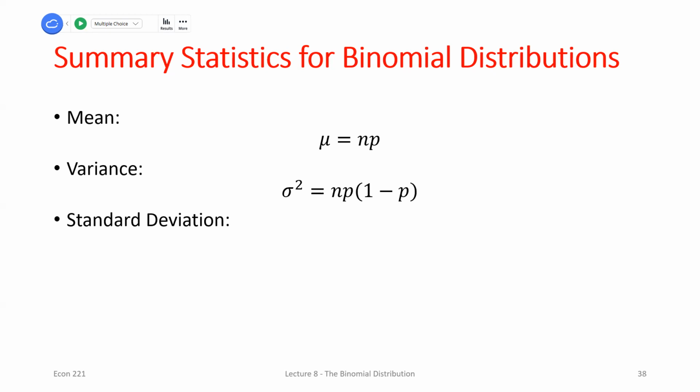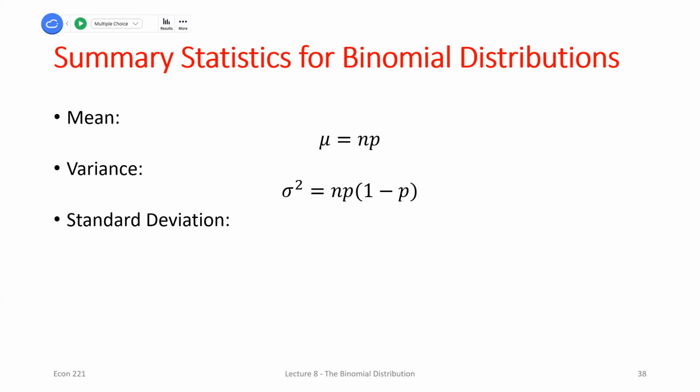The variance is not quite as intuitive, but we have the mathematical proof that shows as long as we have this 1-0 variable, 1-0 outcome, we can always simplify the variance down to n times p times 1 minus p. To calculate the variance, I'd be looking at every single x value's deviation from the mean.